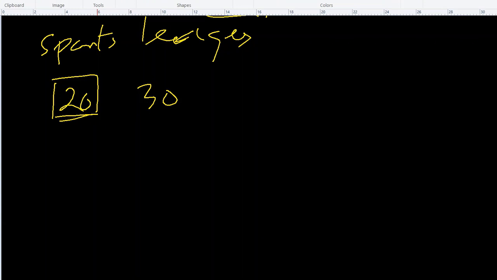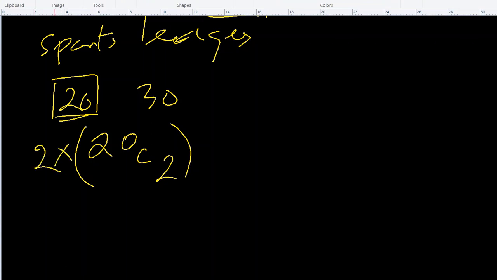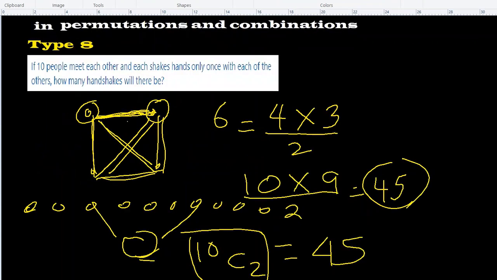So first we'll say in one leg of the tournament, how many games will be played? 20C2 will be the number of games in one leg, and then they will go to each other's place. So we'll multiply by 2, and there will be 380 games in EPL, and that's what happens every year. There can be one more usage of this where we have a polygon.